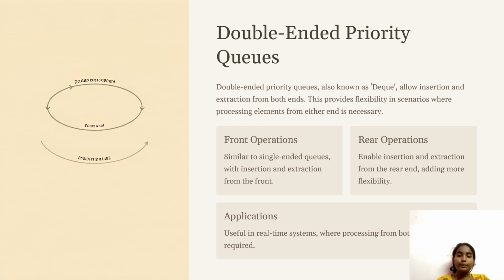Front operations: similar to single-ended queues, with insertion and extraction from the front. Rear operations enable insertion and extraction from the rear end, adding more flexibility. Applications: useful in real-time systems where processing from both ends is required.